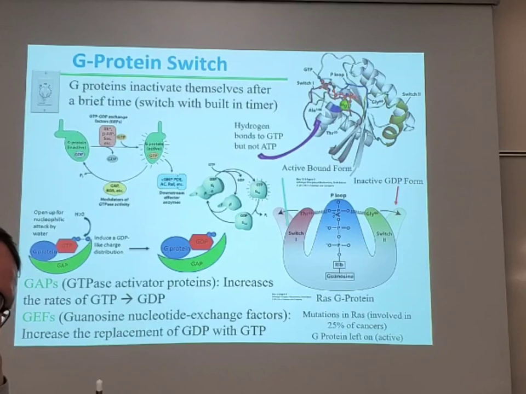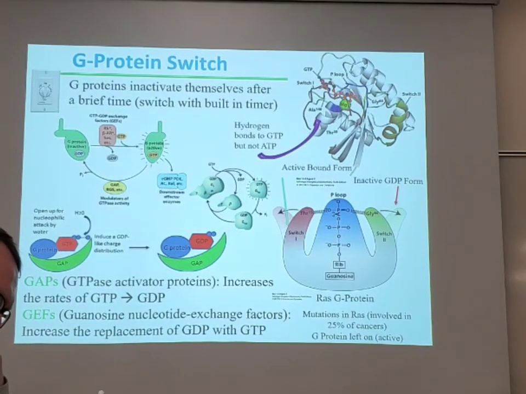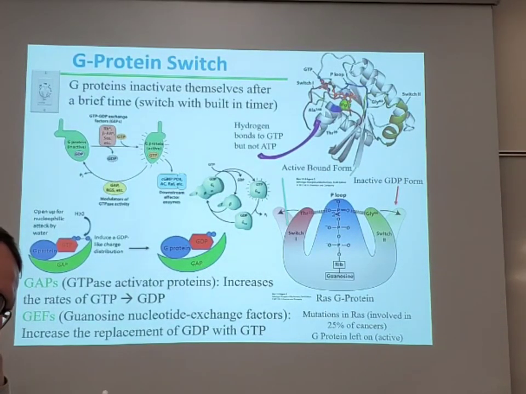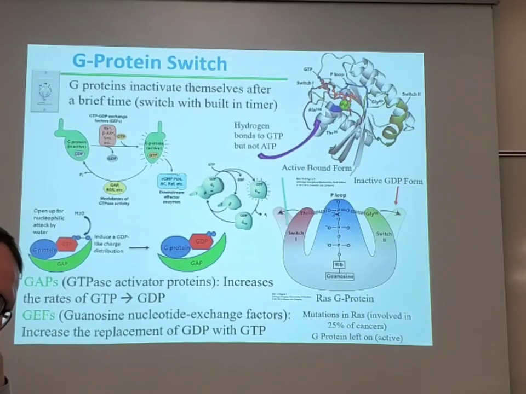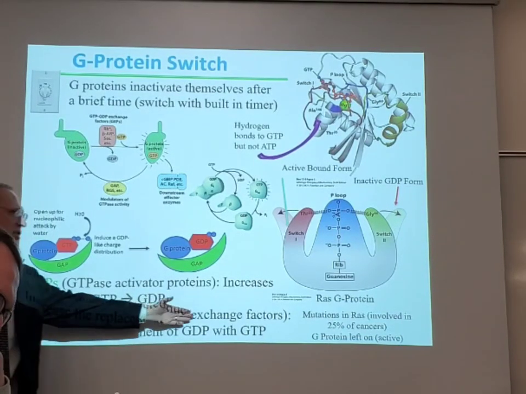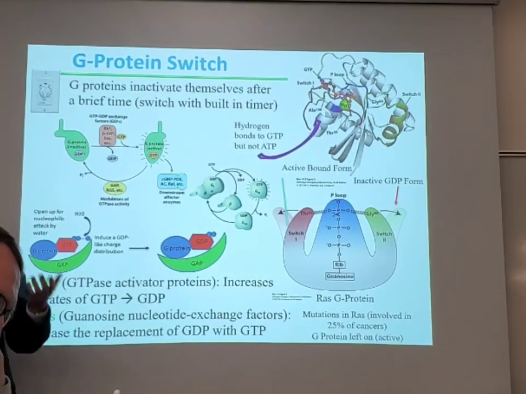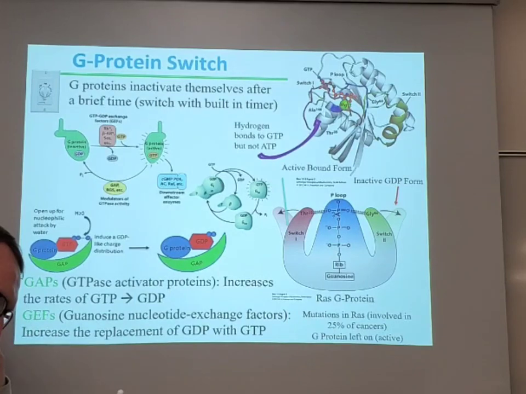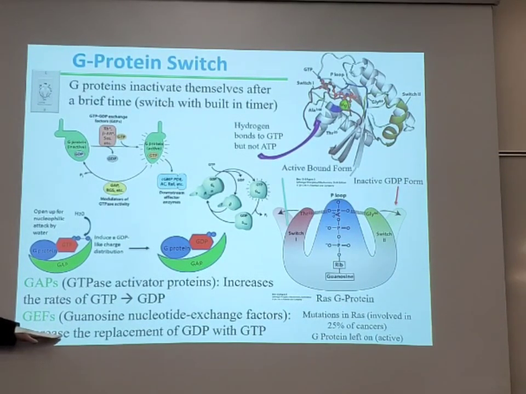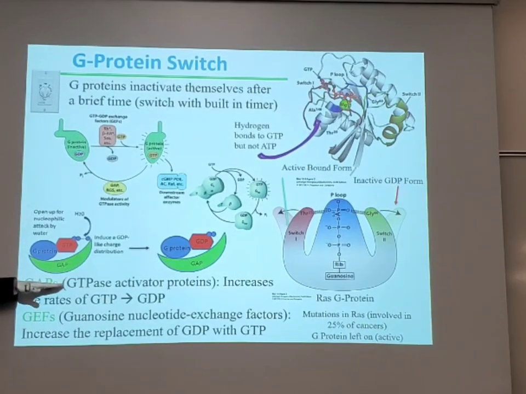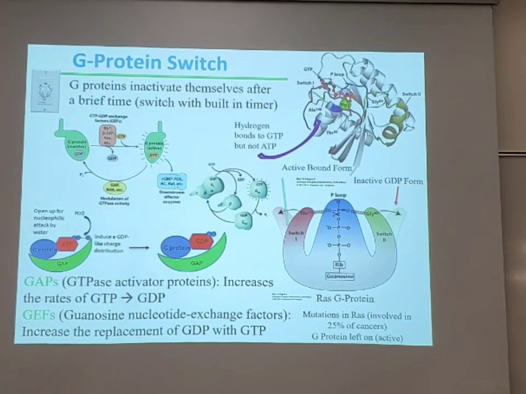A GEF, a guanine nucleotide exchange factor, if you could remember that acronym, you'd know it for sure. It's exchanging. It's kicking out the GDP so it can bind the GTP. So that's what we're talking about. And so this would increase the replacement rate. This one increases the on-off switch time.